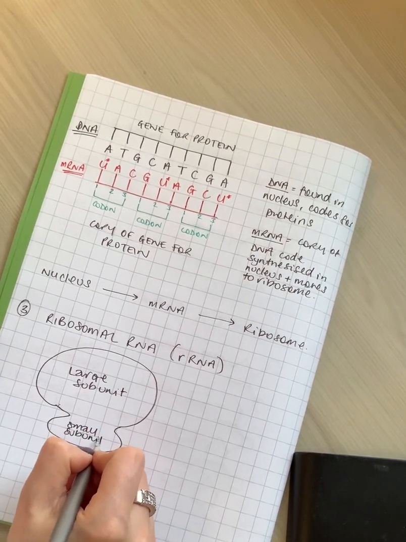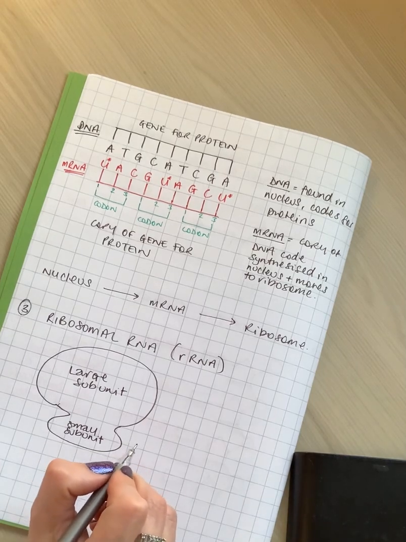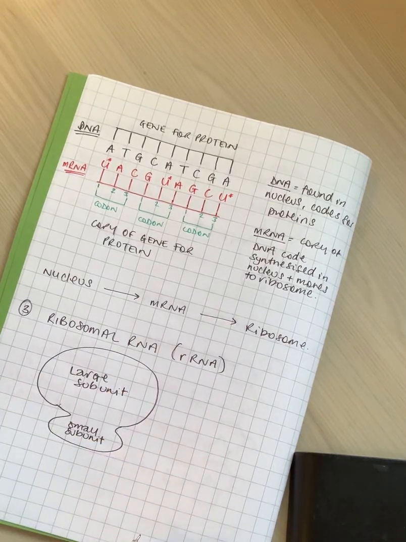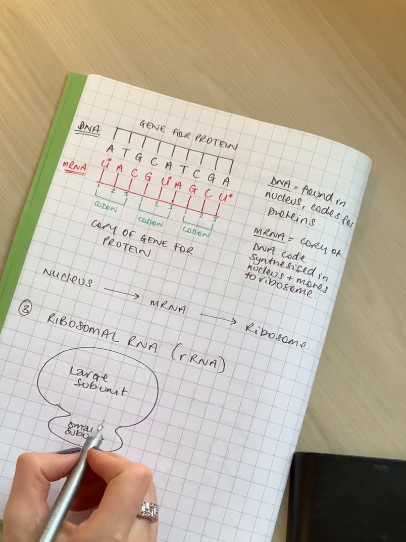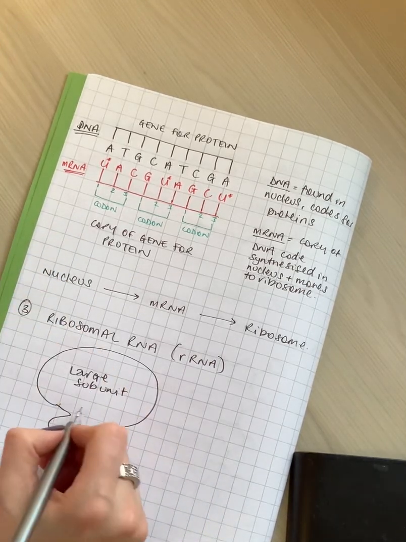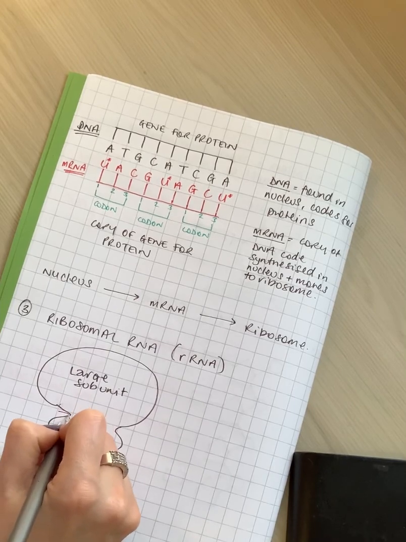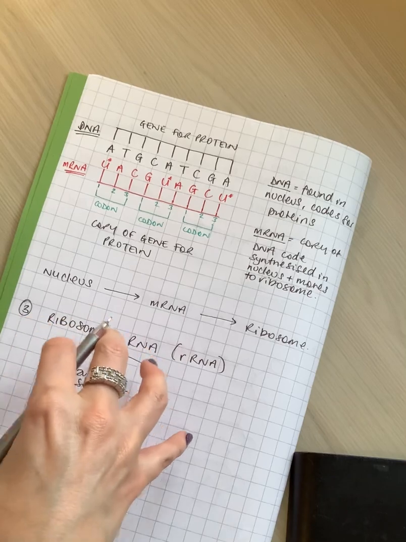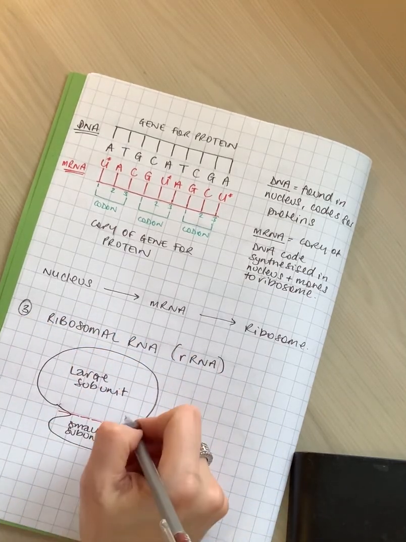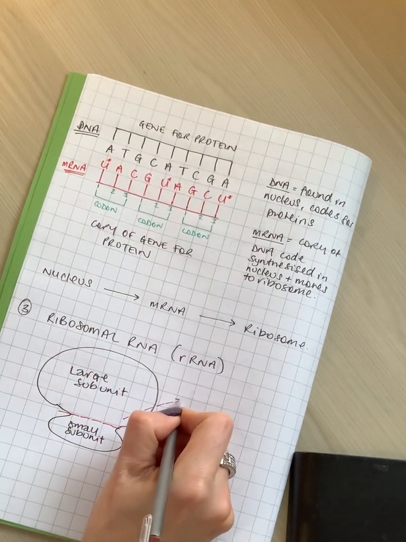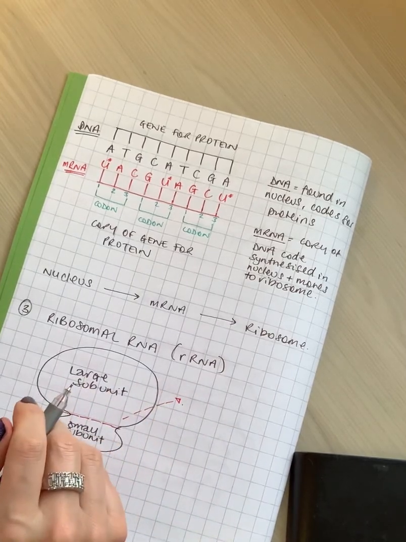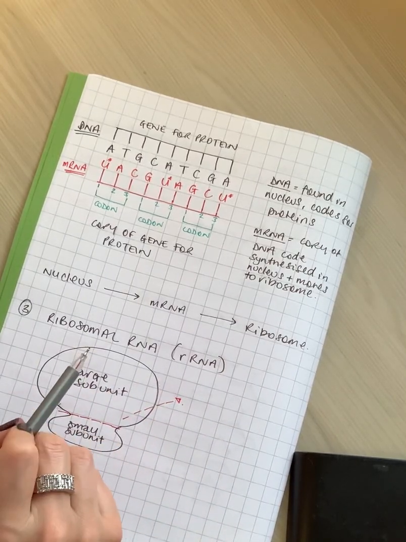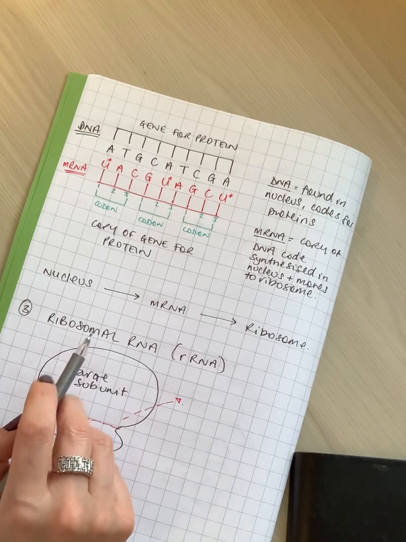If you want to go to university and do biology further, you'll learn lots about these different units. Then essentially our messenger RNA is going to move along, or the ribosome moves along the messenger RNA, and out comes the protein. So 3 types of RNA: messenger RNA, transfer RNA, and ribosomal RNA.